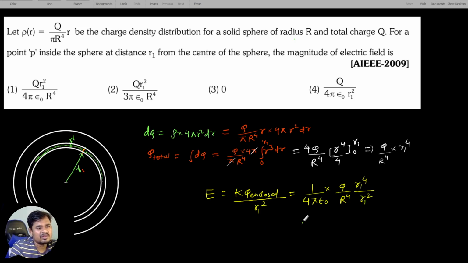So on simplification we will get q by 4 pi epsilon naught R raised to the power 4, times r1 raised to the power 4 by r1 square gives r1 squared. So that will be the answer to our given problem.